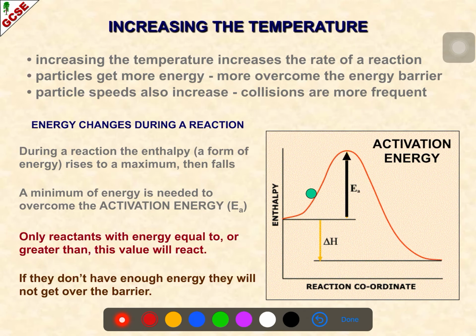Okay, so say for example, I'm gonna go back to this again. This will try to go across the barrier, this one. So if this ball has enough energy, then it can go across.